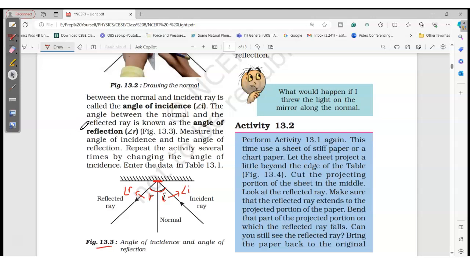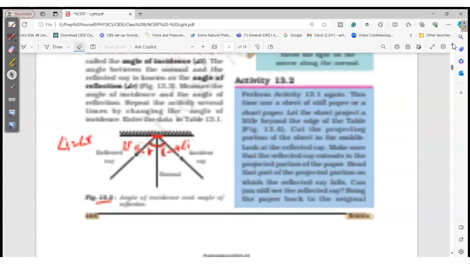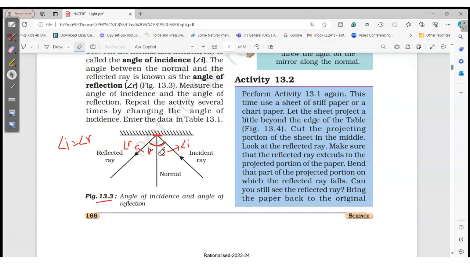The first law says that angle of incidence is equal to the angle of reflection. And the second one says that the incident ray, the reflected ray, and the normal all lie on the same plane. Clear, everyone? So the two laws of reflection are clear to everyone.